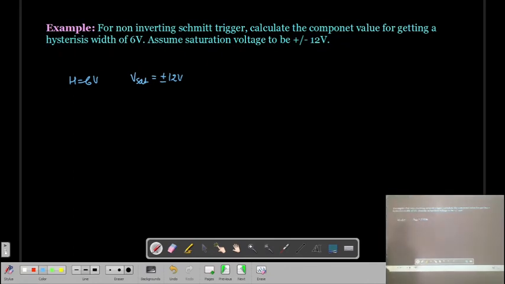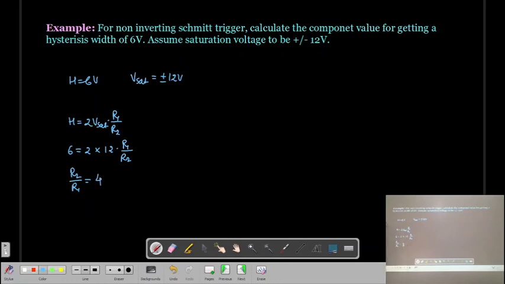The simple formula is that hysteresis is given by 2V saturation into R1 divided by R2. So hysteresis is 6, 2 times my V saturation of 12 volt into R1 by R2. So the ratio R2 by R1 comes out to be 4.